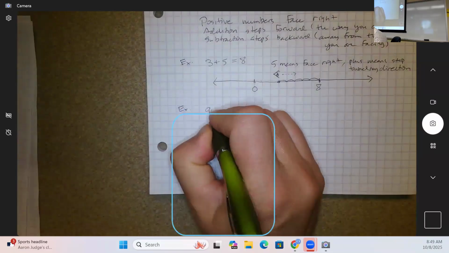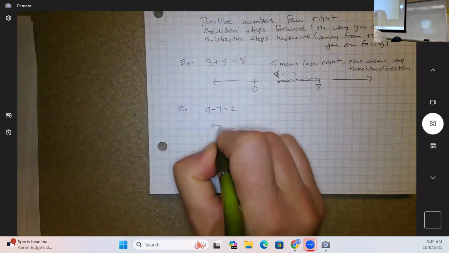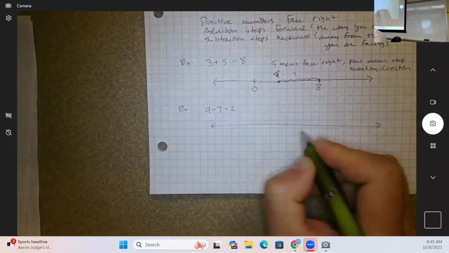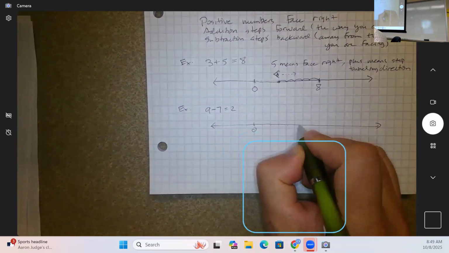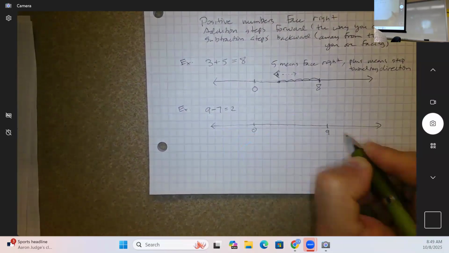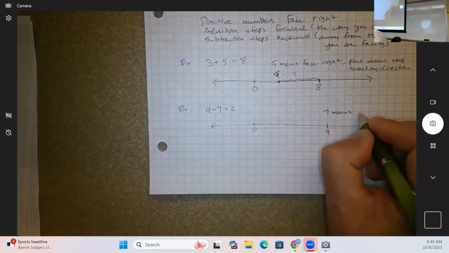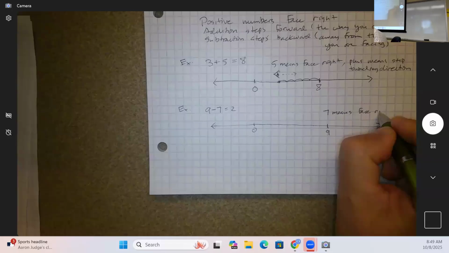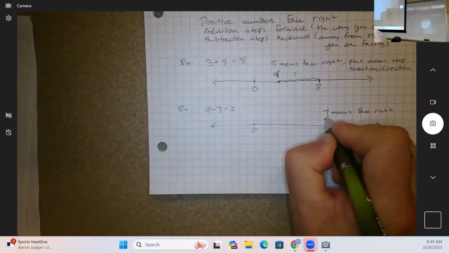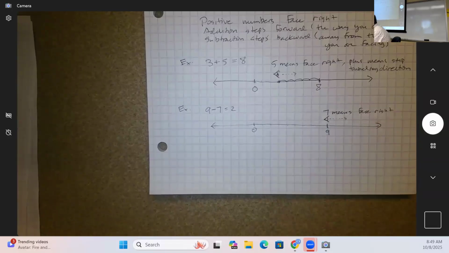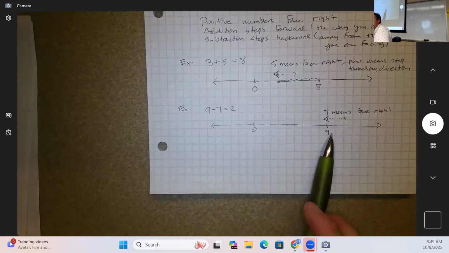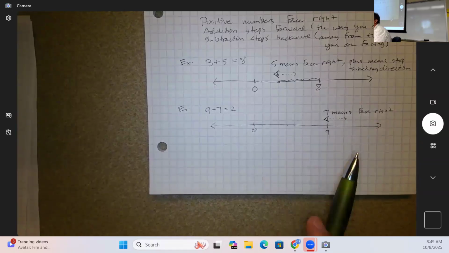Compare that to 9 minus 7 equals 2. Here's the 9. The 7 means face right, still. That's supposed to be an eyeball. That's the way I'm looking.